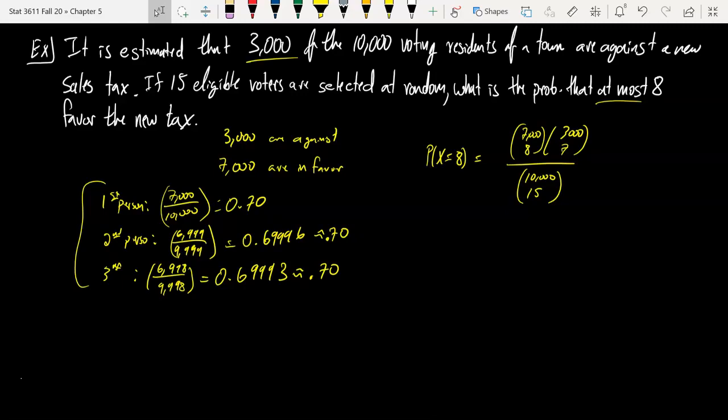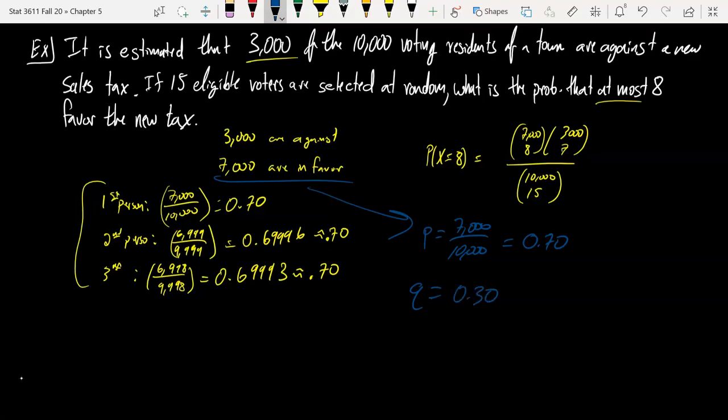If 7,000 people are in favor, we're going to treat this as a constant success probability p of 7,000 over 10,000, or 70% success probability. q then would be 3,000 over 10,000, or 0.30, right? Our failure probability of voting residents who are against. 3,000 people are against.